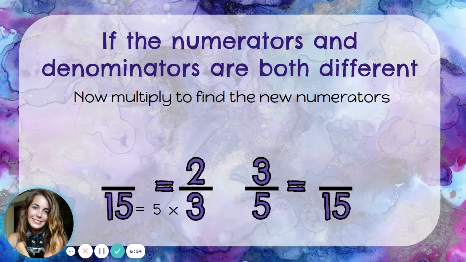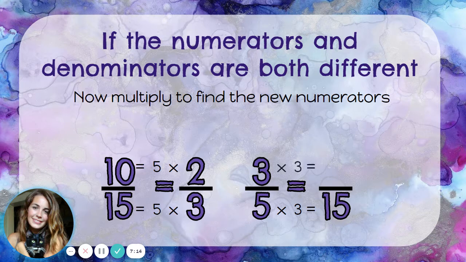3 times 5 is 15. So if I want to create a fraction that's equivalent to 2/3, I have to do the same to the numerator. 2 times 5 is 10. Now let's do 3/5. 5 times 3 is 15. So if I want this new fraction to be equivalent to 3/5, I have to do the same to the top. 3 times 3 is 9.